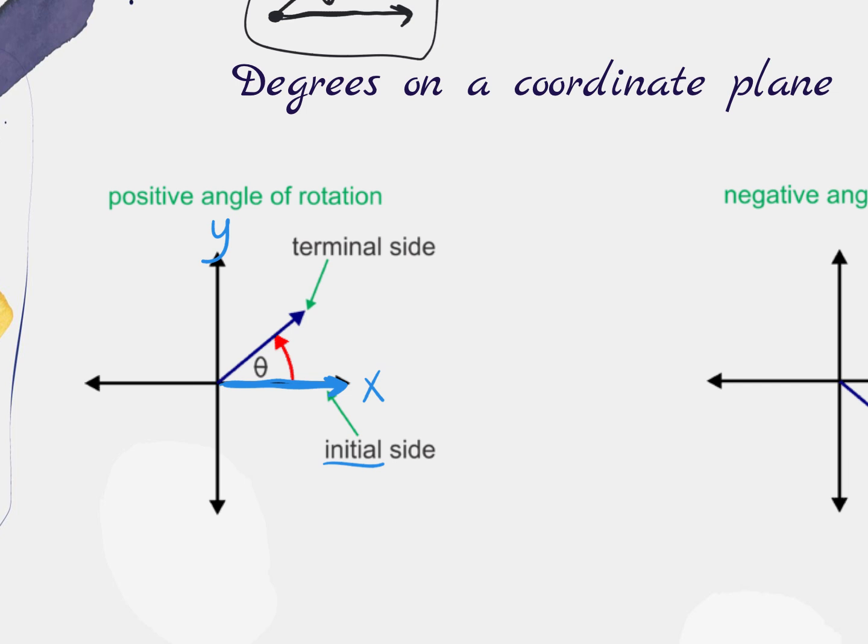And where does an angle end? Terminal means the end, the finish of something. So this ray right here is going to be your terminal side. And this measurement between the two is going to be your angle. This symbol right here, we call this theta.